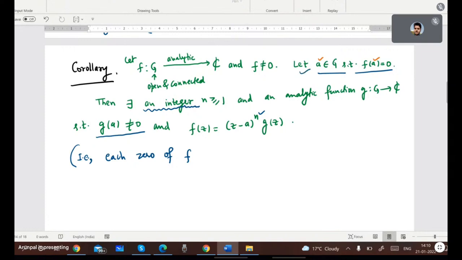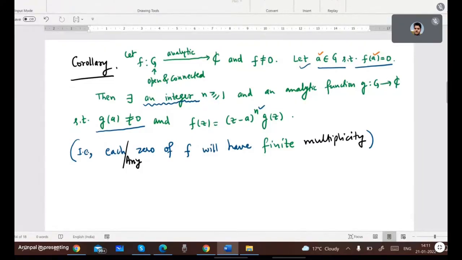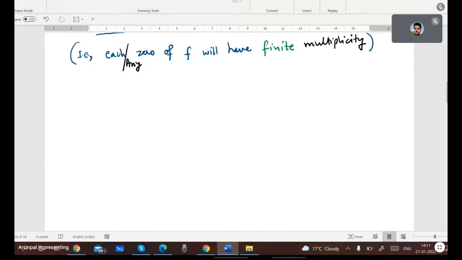So that's why I'm writing each, or you can write any. You take any root of f, it will have finite multiplicity. Is this okay, class? So let's start with the proof.